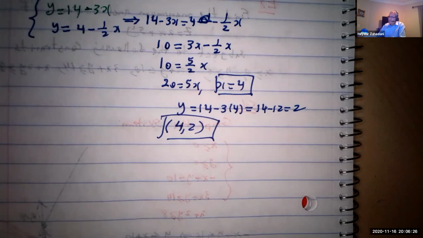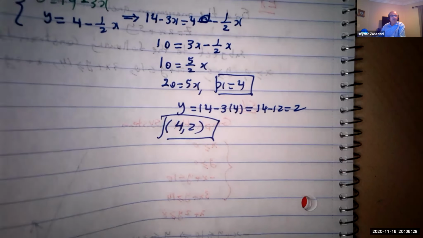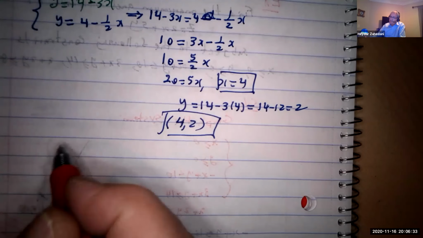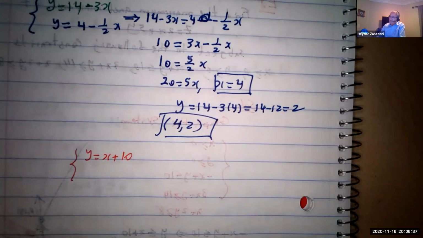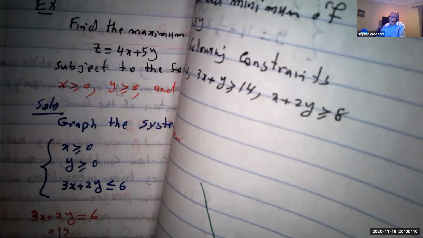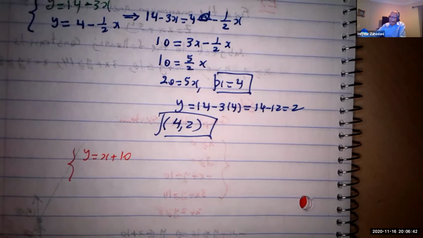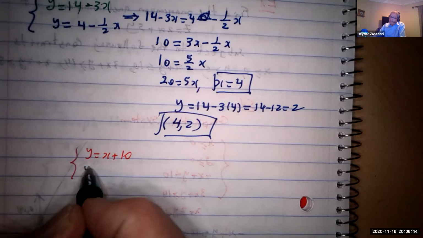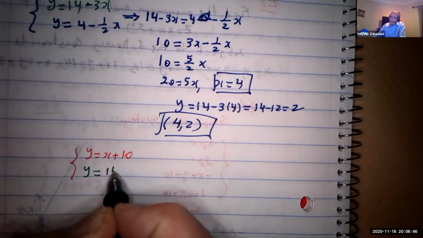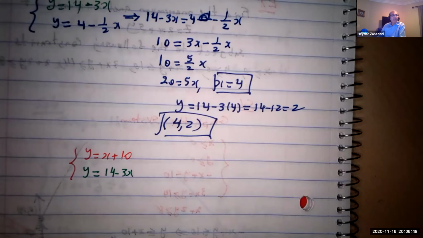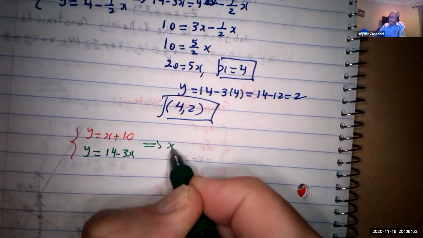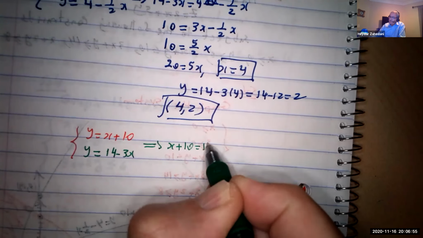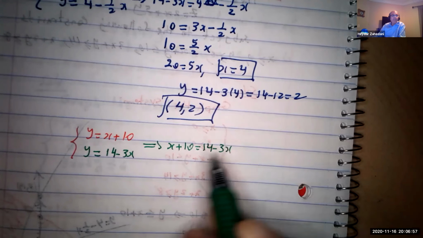The other one is between the red one, y equal to x plus 10, and the green one, which is 14 minus 3x. Again, substitution method. It's going to be x plus 10 equal to 14 minus 3x.